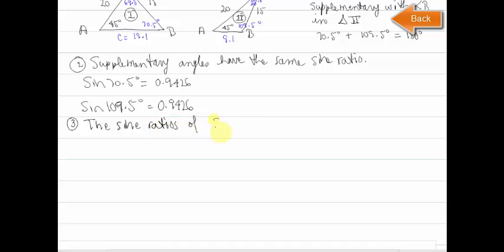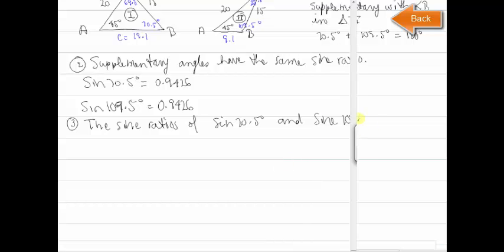In other words, they are both equal to positive 0.9426, right? Both of them positive 0.9426. So what does that tell us? That tells us that these angles are in the first and the second quadrant, okay?